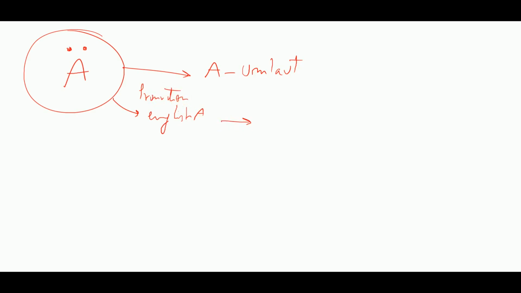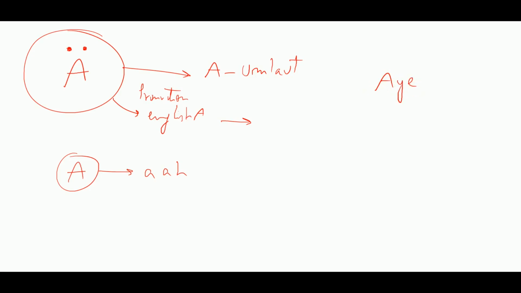Because in German, this character, you remember? Suppose you wake up in the morning and you say something like this. But if you put these 2 dots over it, umlaut, then it becomes English A. Like, hey, what are you doing?